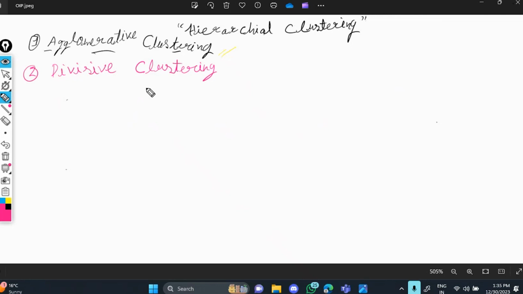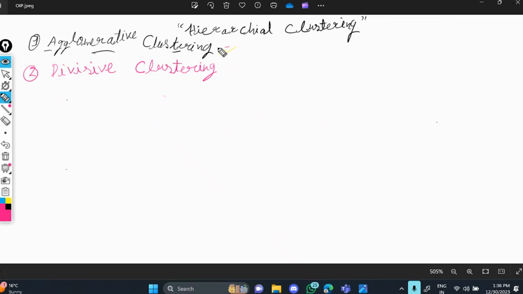In divisive clustering, we have to do the same thing, but in a different manner. In agglomerative clustering, we check the closest distance, right? In divisive clustering, we have to check the maximum distance. This is the basic difference between agglomerative clustering and divisive clustering.